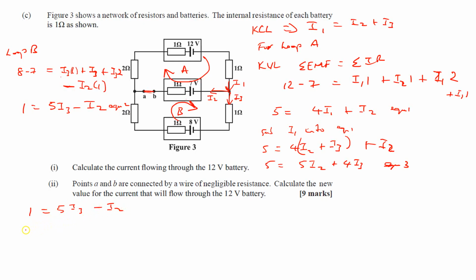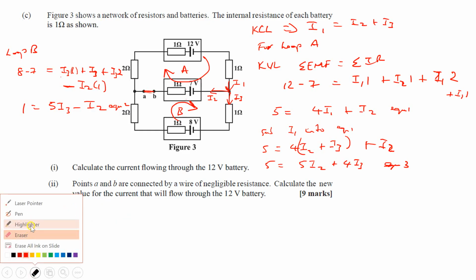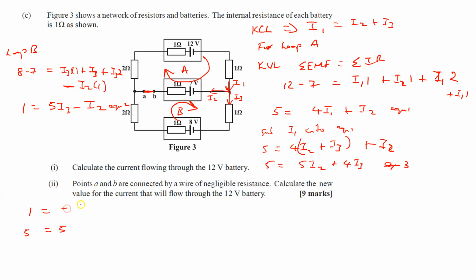And then I have 5 is equal to 5I2 plus 4I3. Let me just rewrite it so it looks a little better: minus I2 plus 5I3. I'll just rearrange it so that it looks a little more uniform.